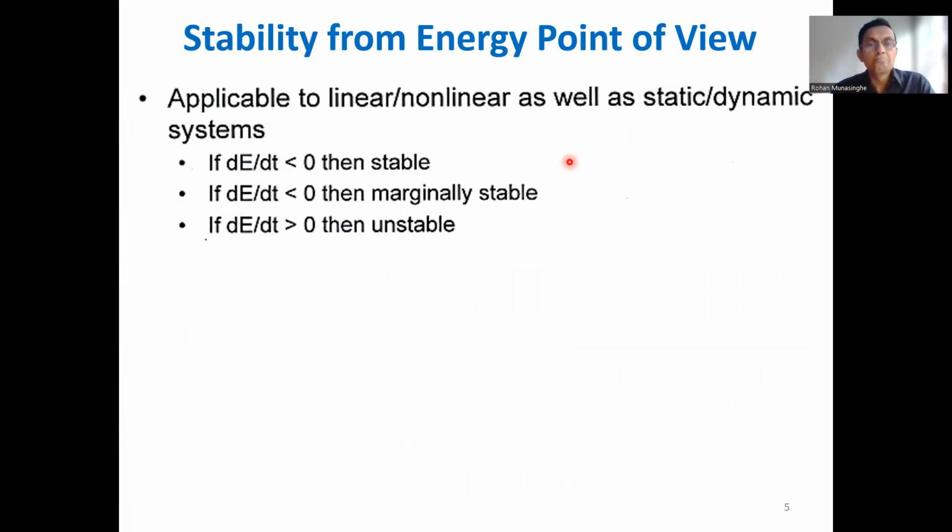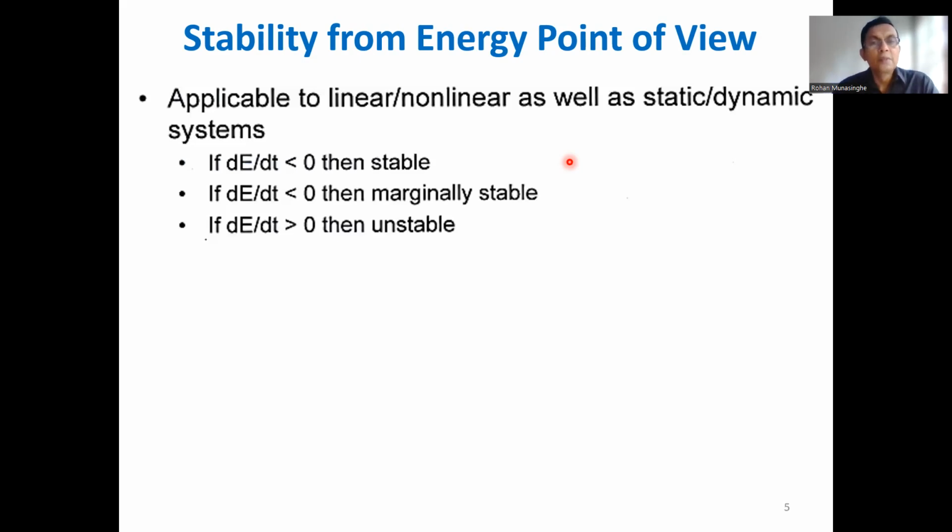It is an energy point of view. In a very fundamental way, it says this: if a plant accumulates energy, it is unstable. It will take a little time, but sooner or later it will become unstable if the system accumulates energy.